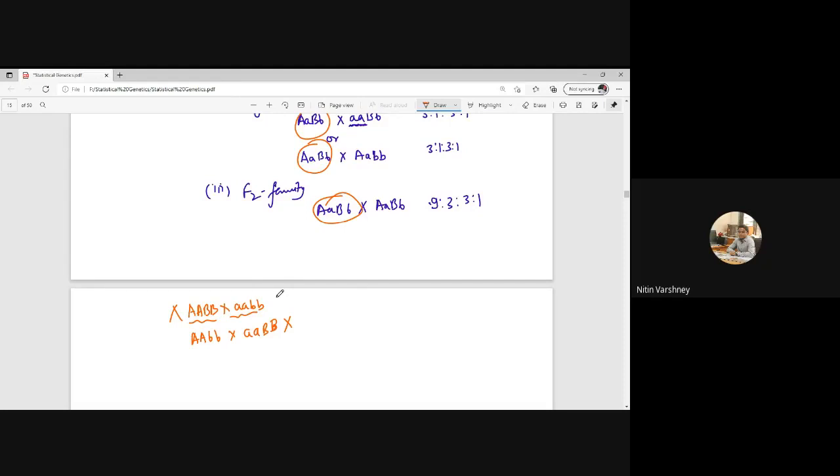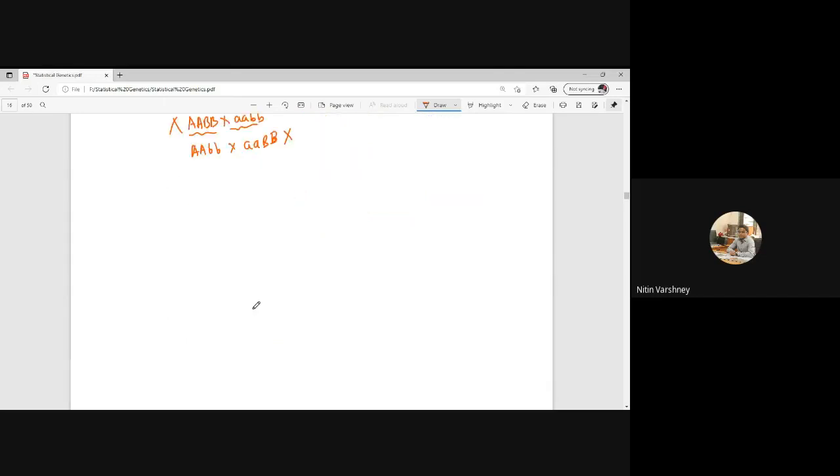The estimation of linkage is dependent on the phase of linkage, and there are two types of phase, that is coupling and repulsion, present in the doubly heterozygote parents.